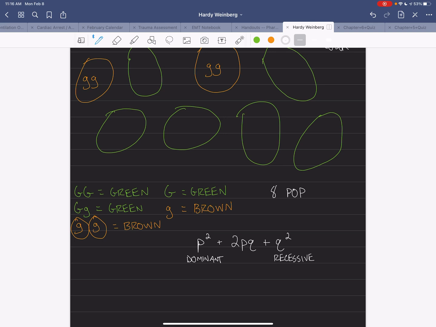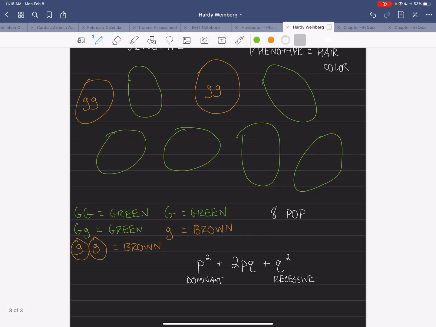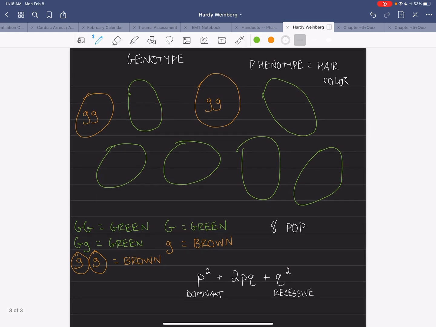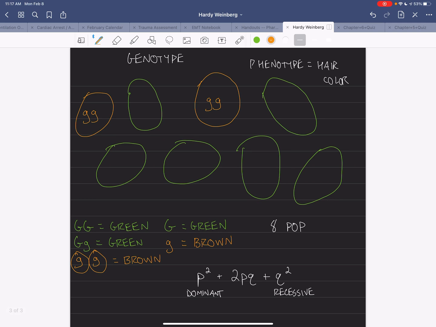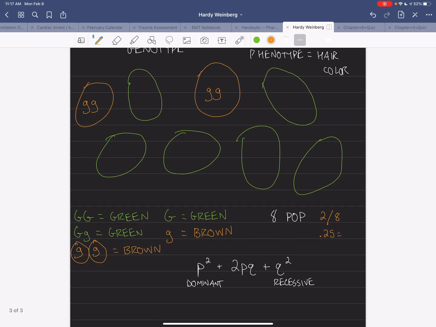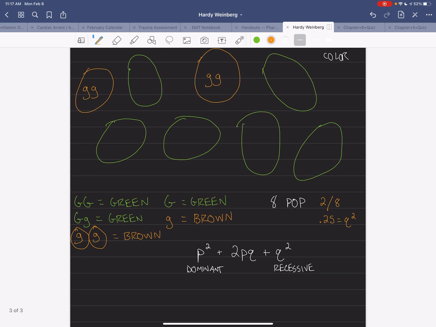Okay. So what we're given here is we actually kind of have our recessive here. Of our 8 population, 2 of our 8, or 1/4, or 25%, right? 2/8, 1/4, 0.25. This is actually going to be our q squared, our amount of recessive, okay? That's going to be our q squared.